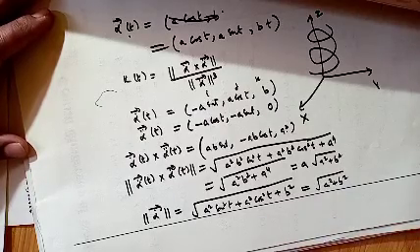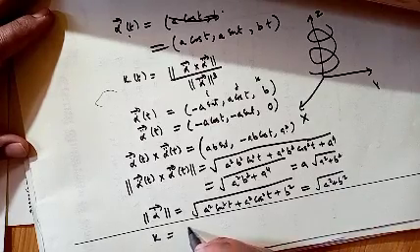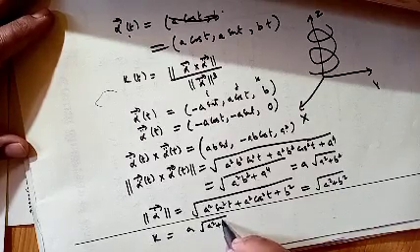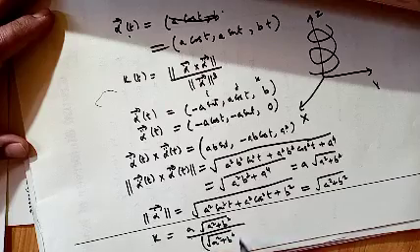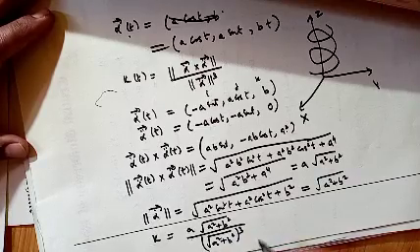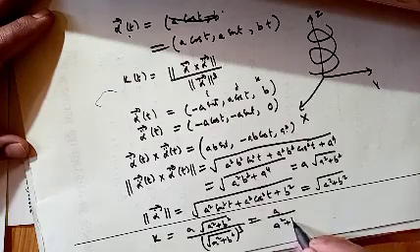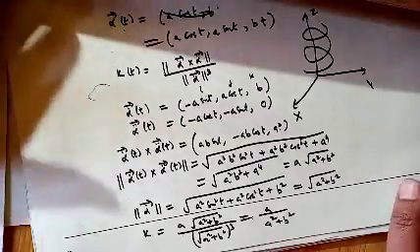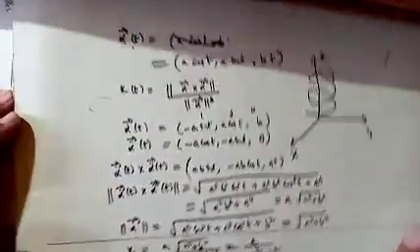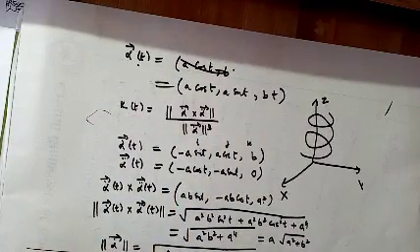And you divide by the cube of this thing, so k should be basically a times the square root of a squared plus b squared divided by the square root of a squared plus b squared whole cubed, right? So this is just a divided by a squared plus b squared. Very easy.